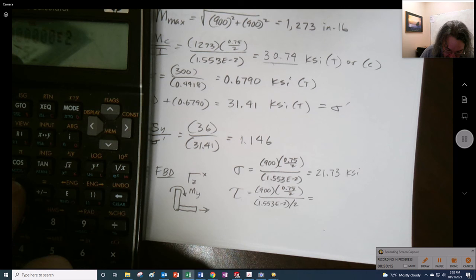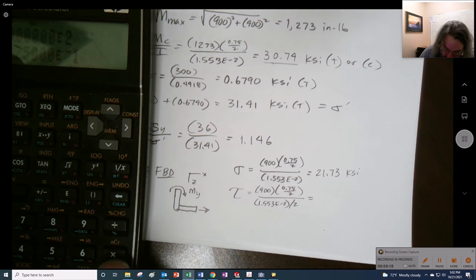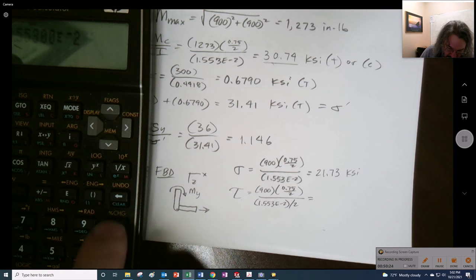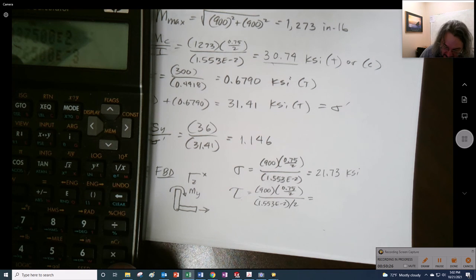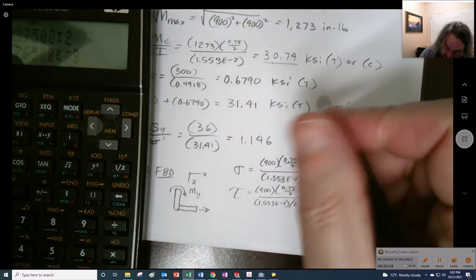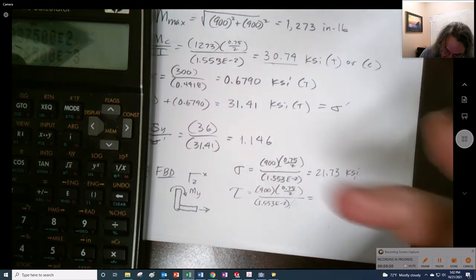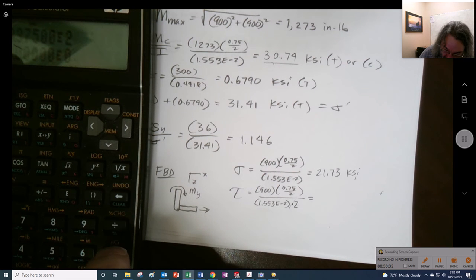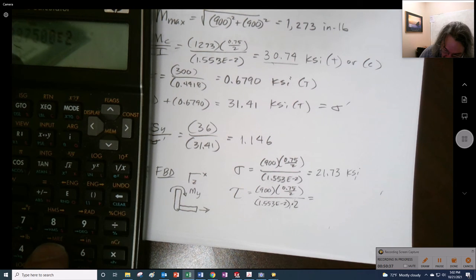Yeah. And then 1.553 E minus 2. But take 1/2 of that. No, 2 times it. It's 2 times it. It's not 1/2 of it. I messed everything up here. I gotta do it again.